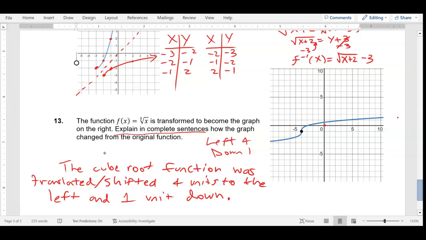I'm looking at it. It goes up 1 over 1, so it hasn't been vertically stretched or compressed. It's going up to the right positively, so it has not been reflected or anything. The only transformations are shifts or translations, 4 units to the left and 1 unit down.